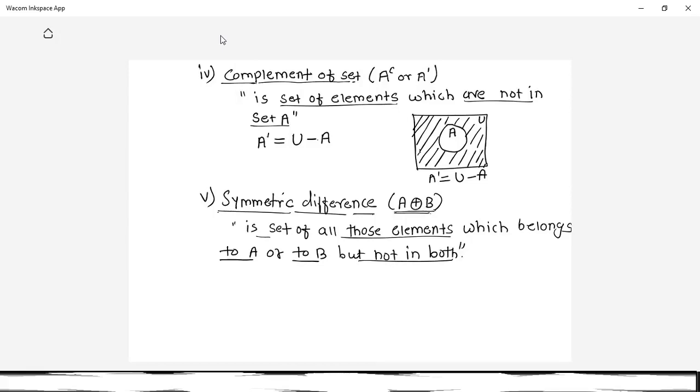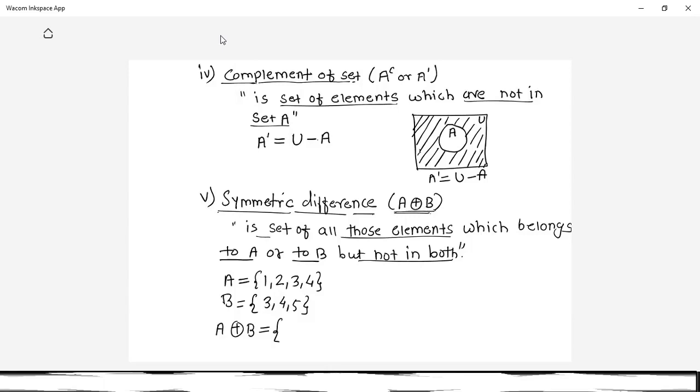Now suppose I have set A with elements 1, 2, 3, 4 and set B with elements 3, 4, 5. So A symmetric difference B should contain the elements belonging to set A or set B but not in both. Or in short, common elements we should exclude.